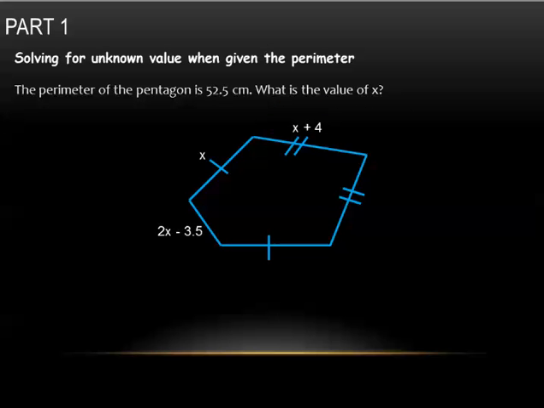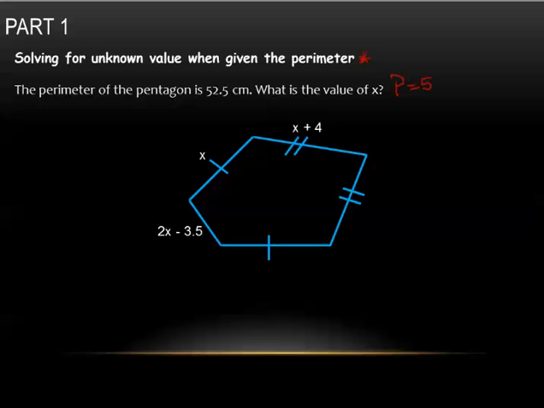Okay, now on this one it says, and what I did on each one of these, I just took that list that I gave you at the beginning and I copied what I said on that list. It says solving for an unknown value when given the perimeter. It says, well, the perimeter of the pentagon is 52.5 centimeters. What's going to be the value of x?